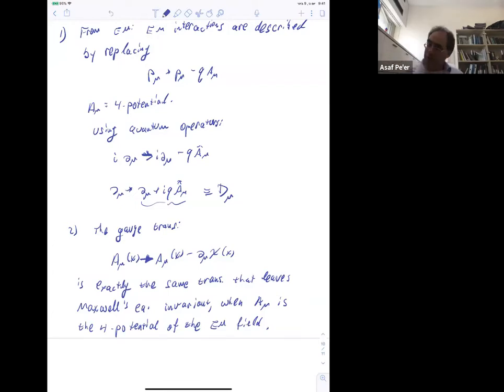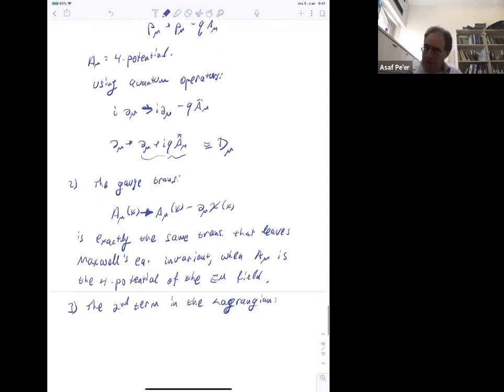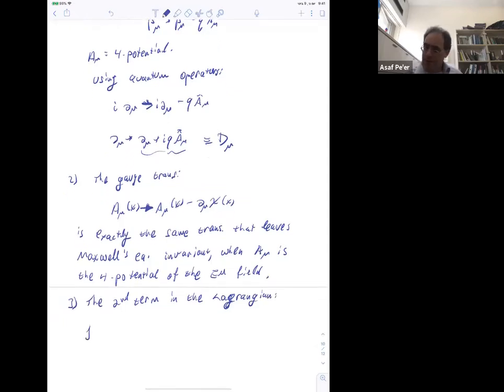And finally, as we just saw, the second term in the Lagrangian is just J mu A mu, which represents what? The interaction between the photon and the conserved current of a fermion.